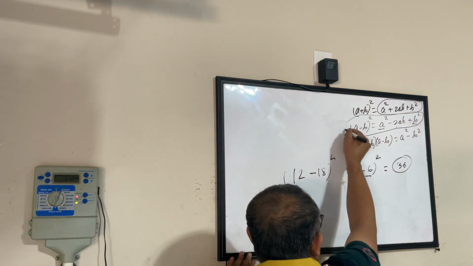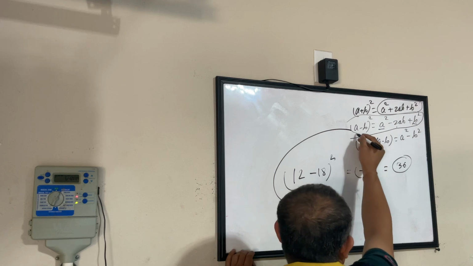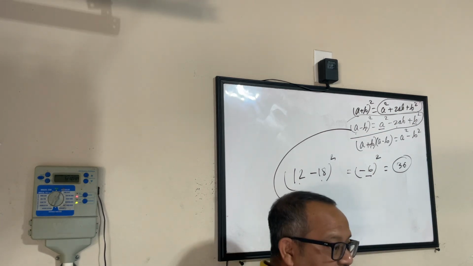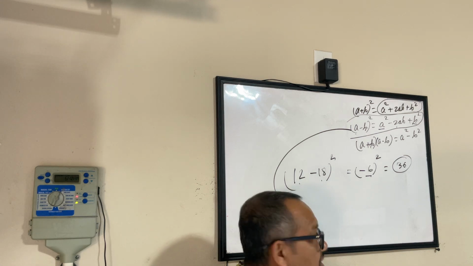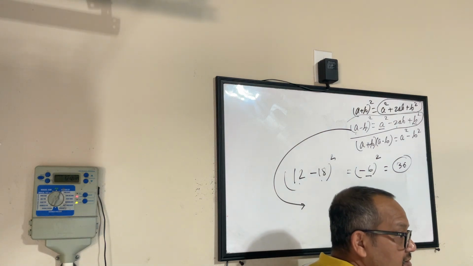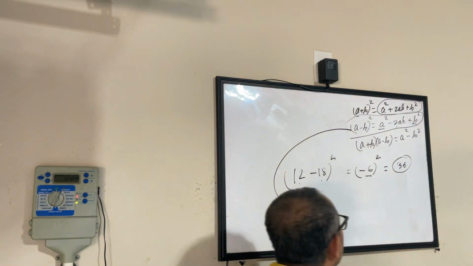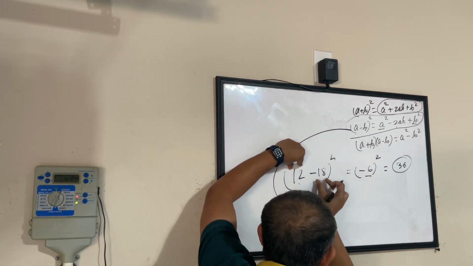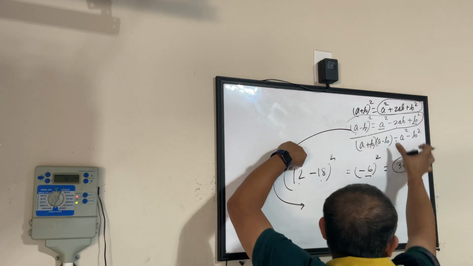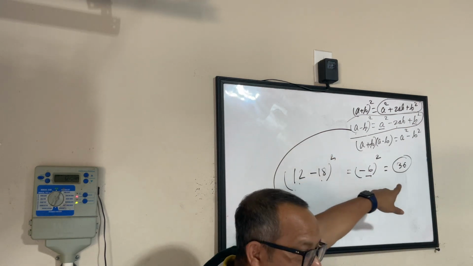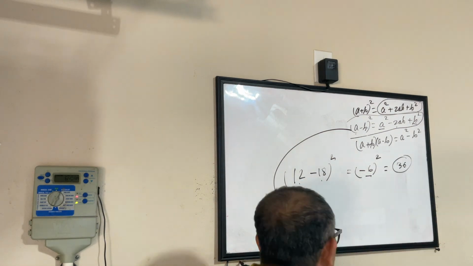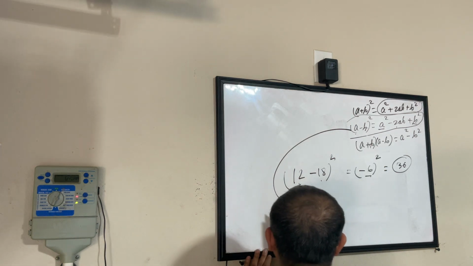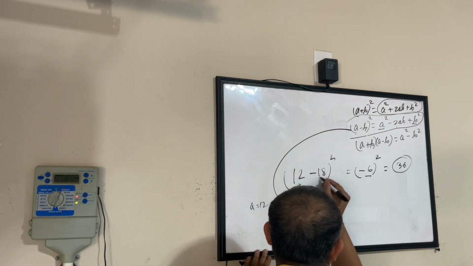Now I will put a equal to 12 and b equal to 18 and see what happens, and use this formula. See, this is a, this is b, a minus b whole squared. If I put this in this formula, do I get the same value or not?